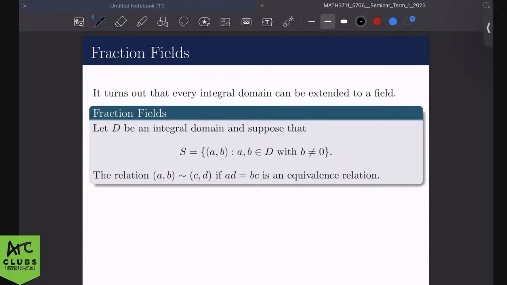And if you take an integral domain and you consider the fraction field, a fraction field is basically a set of all numbers, and a nice way of writing it is, let me just write this out.